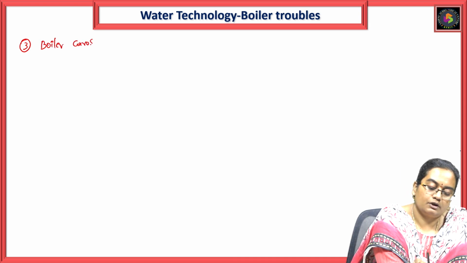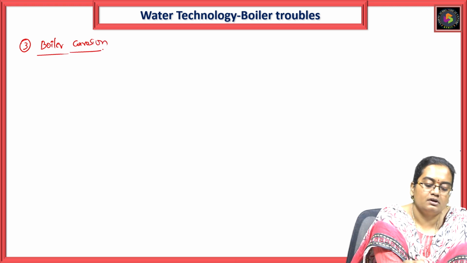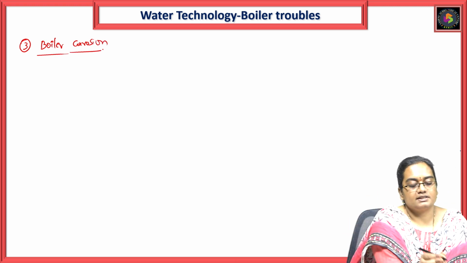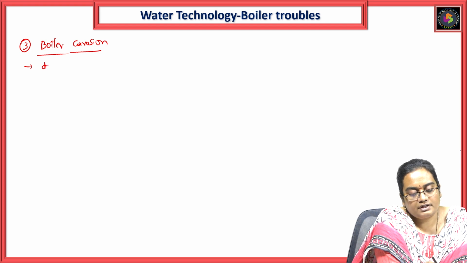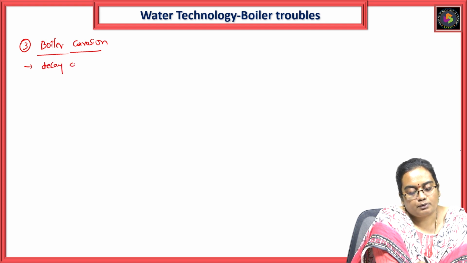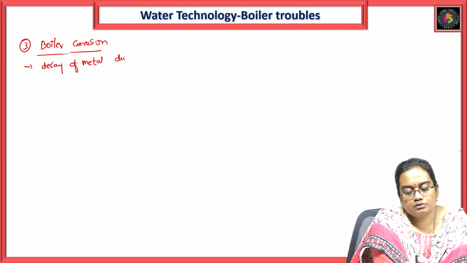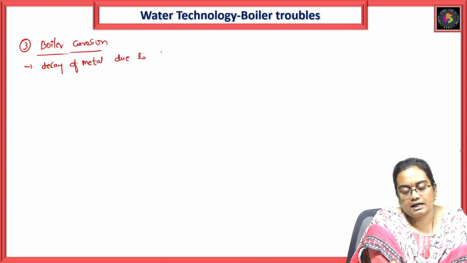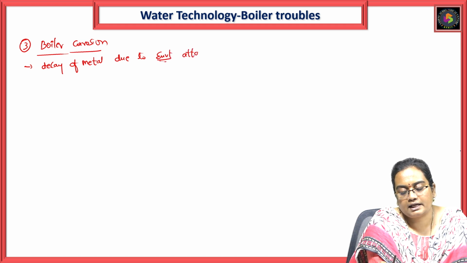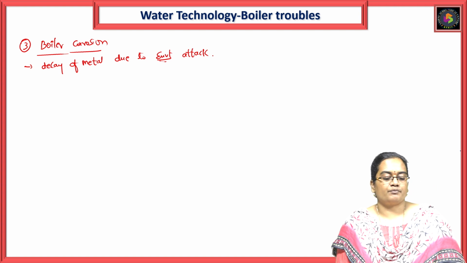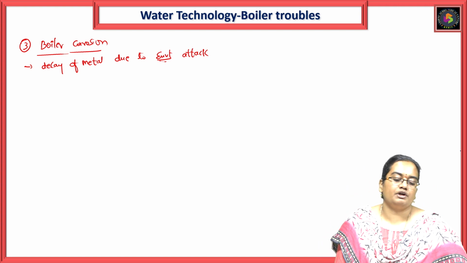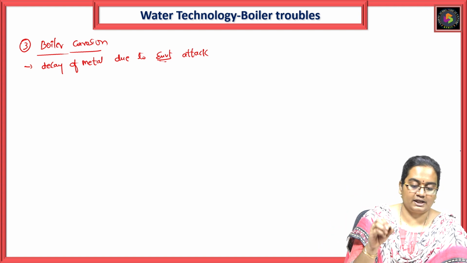Boiler corrosion. What do you mean by corrosion? We know that corrosion means nothing but the process of decay of metal due to environmental attack. The process of decay of metal due to environmental attack is known as corrosion.